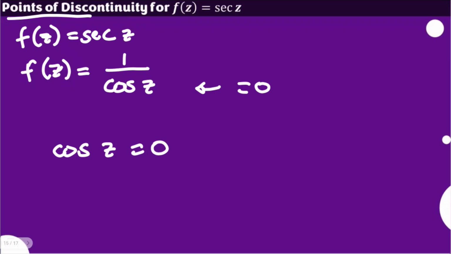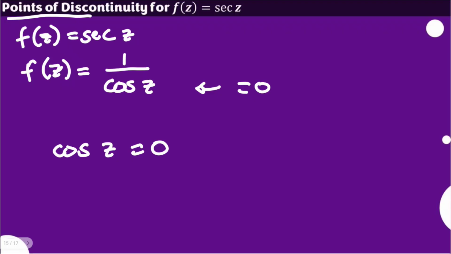Let's talk about our Cartesian plane, or I mean the unit circle. What would be the value of this z? Take note that z is a complex number, so it could be a real value only, or a value with an imaginary unit, or a combination of both. So when is this true?